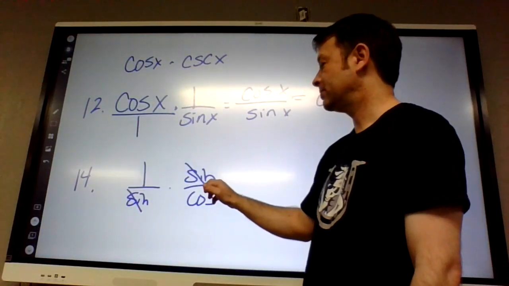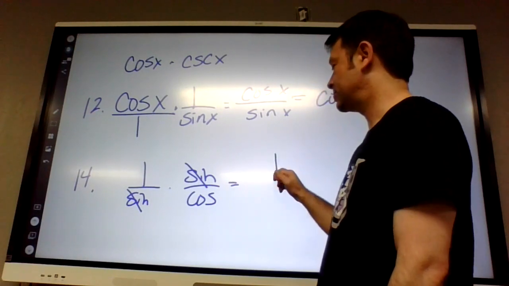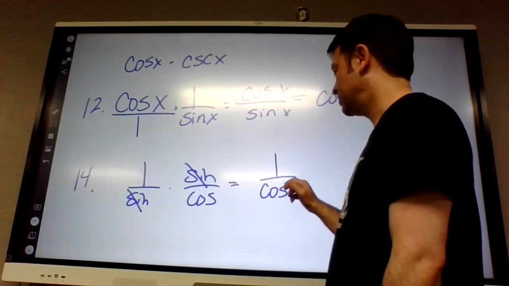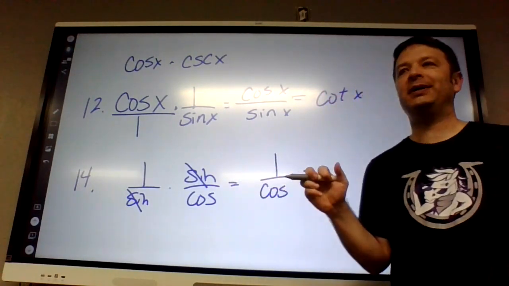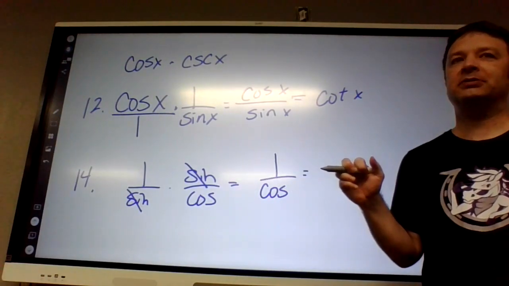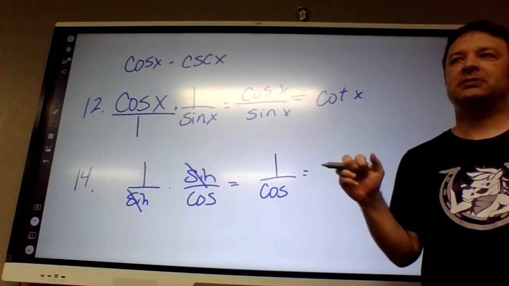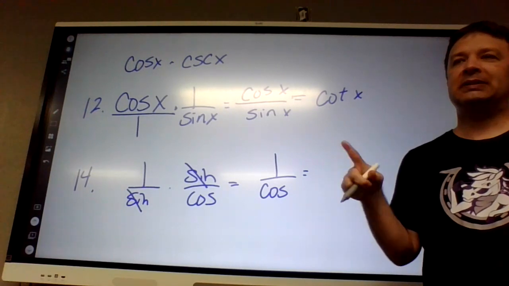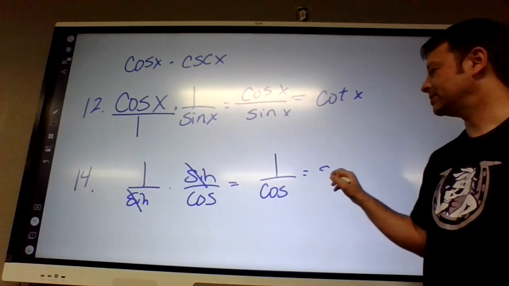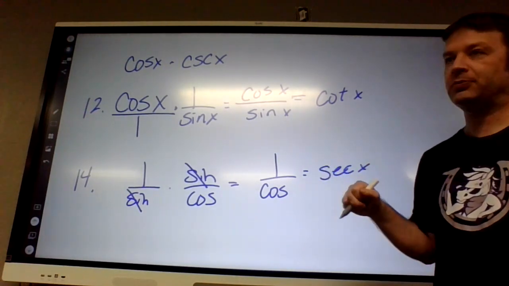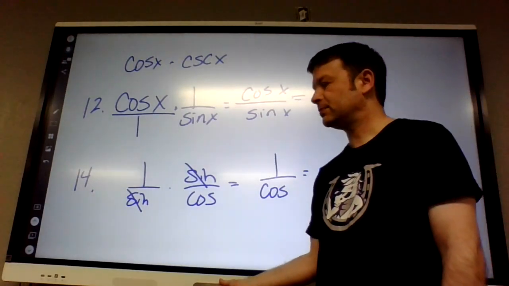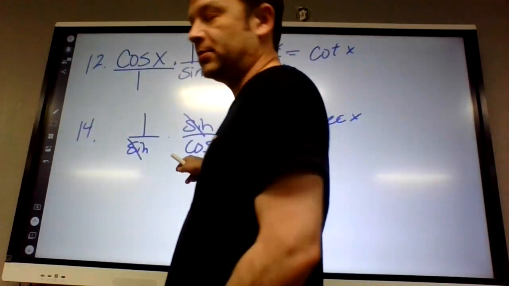Cross out. So it's 1 over cosine. What's 1 over cosine the same thing as? Secant. Which, guess what? That's what we were trying to get to. Boom.